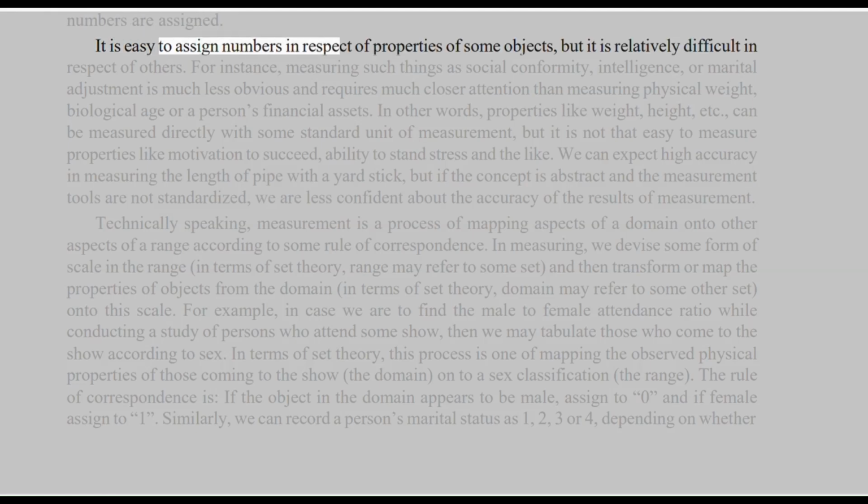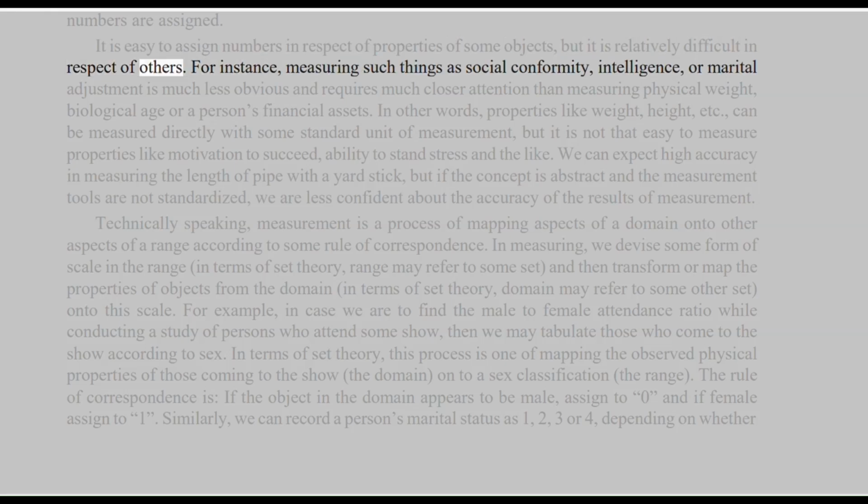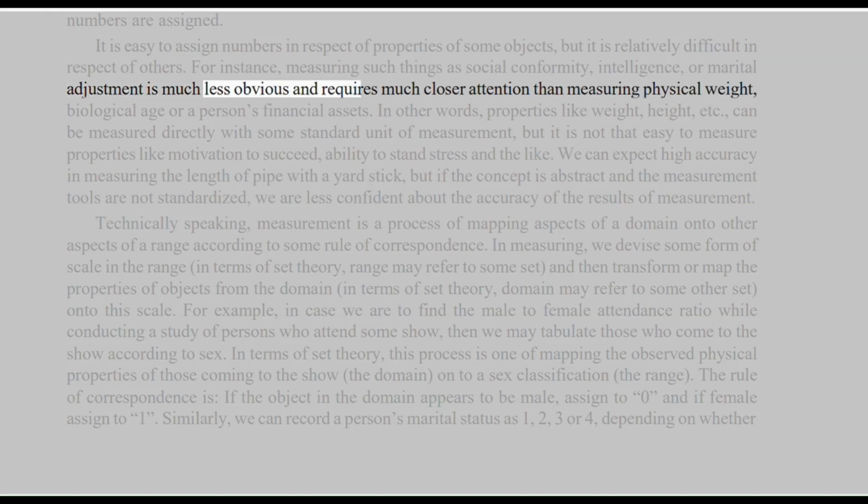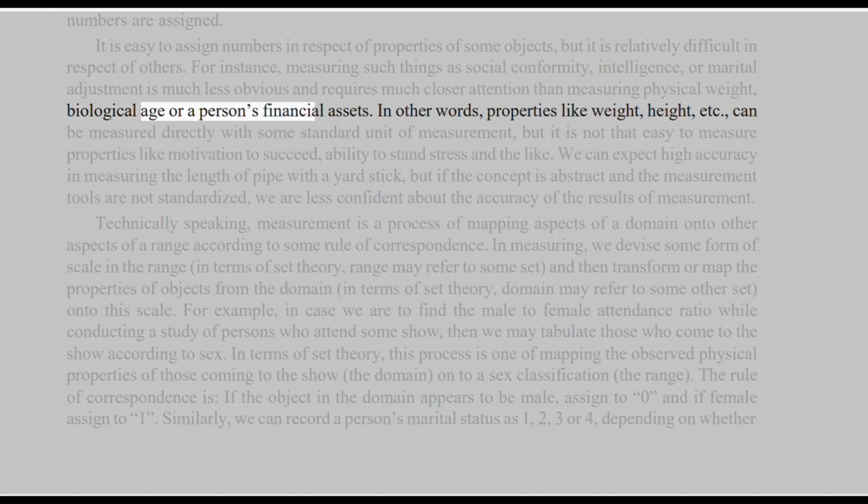It is easy to assign numbers in respect of properties of some objects, but it is relatively difficult in respect of others. For instance, measuring such things as social conformity, intelligence, or marital adjustment is much less obvious and requires much closer attention than measuring physical weight, biological age, or a person's financial assets.